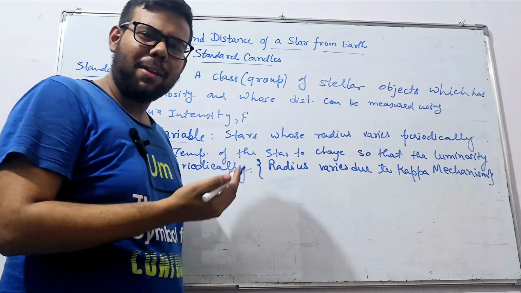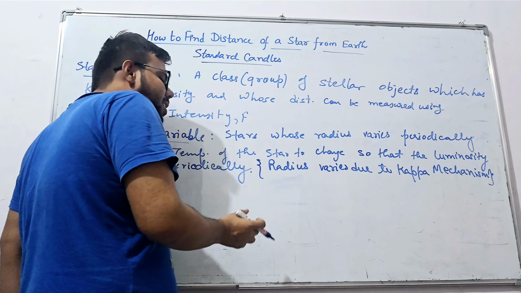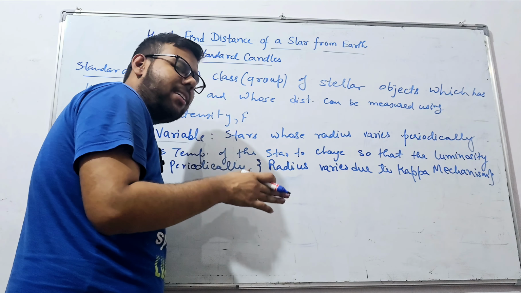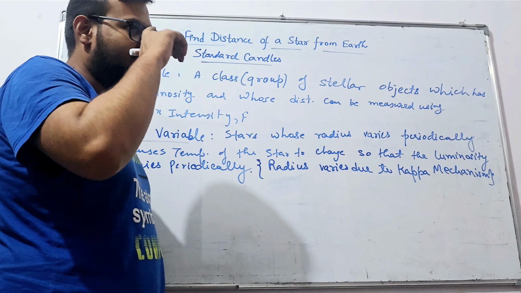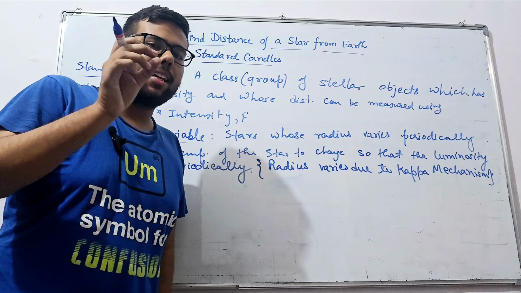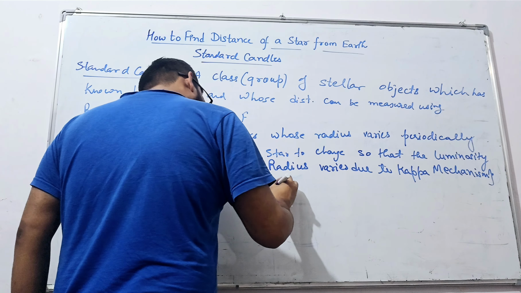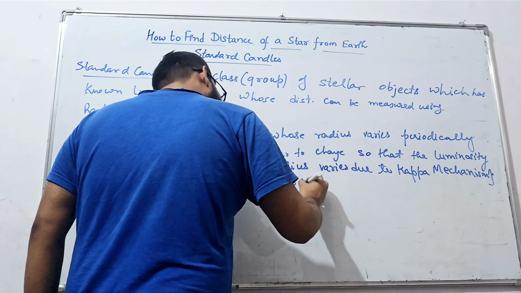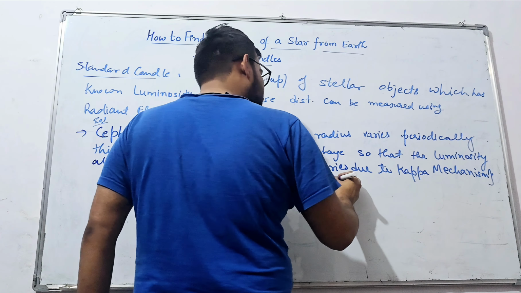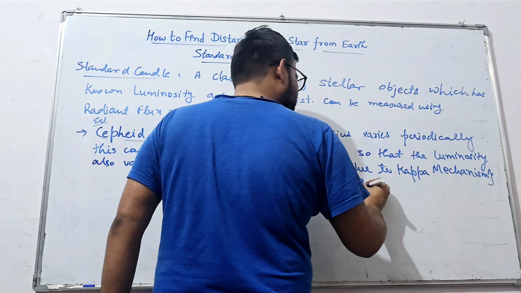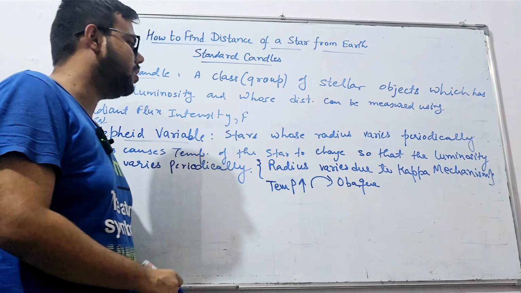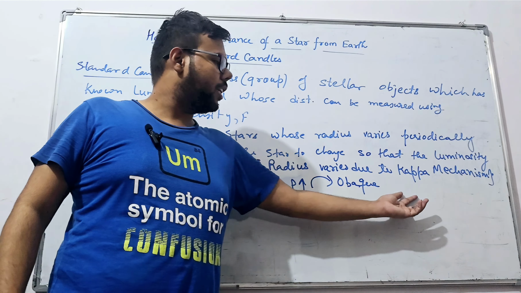Now, what is the Kappa mechanism? Well, when the helium inside a star becomes high in temperature, then in that case, the star becomes opaque. And of course, there must be some specific conditions for the Kappa mechanism to happen.